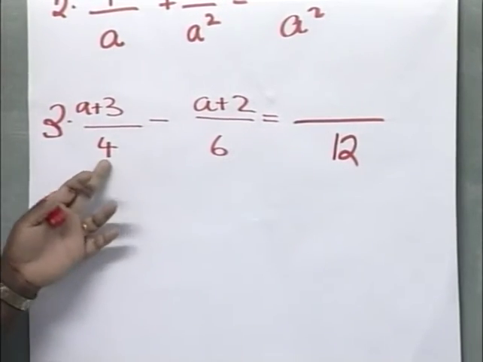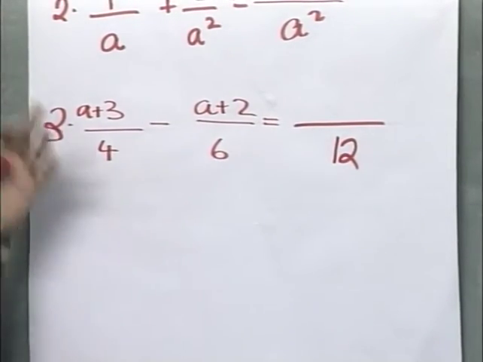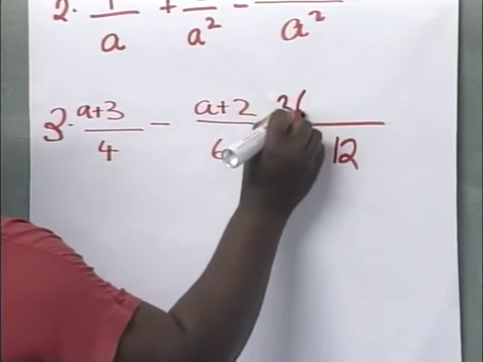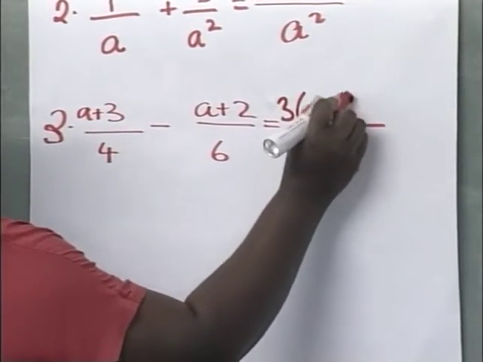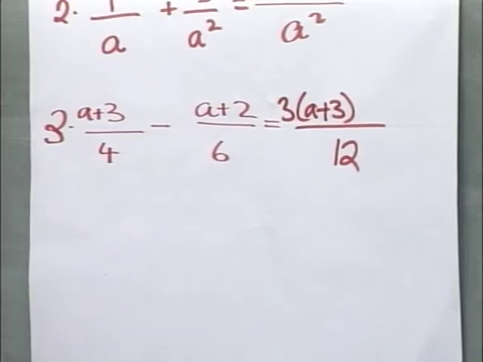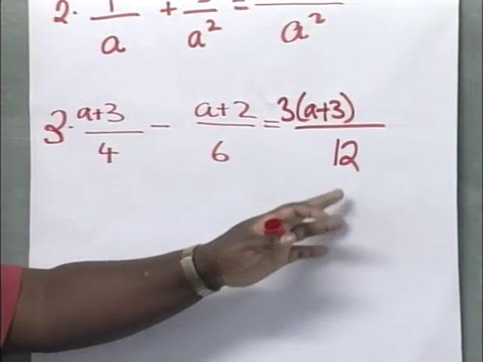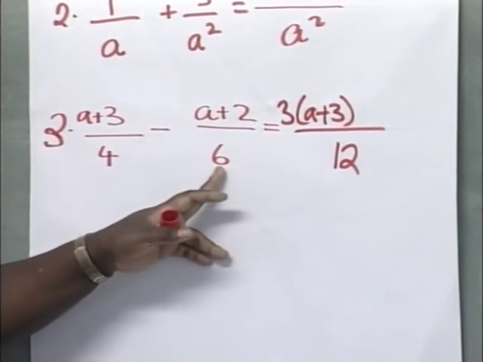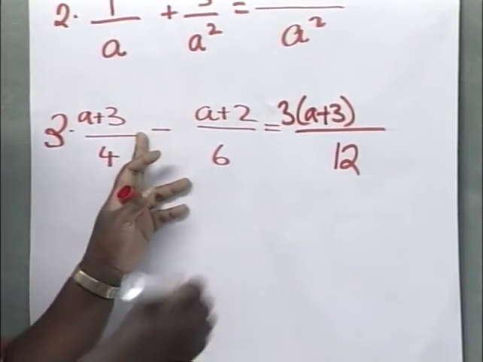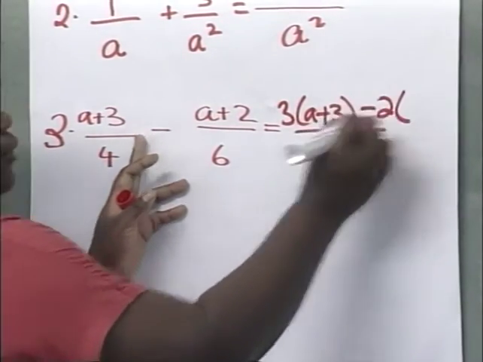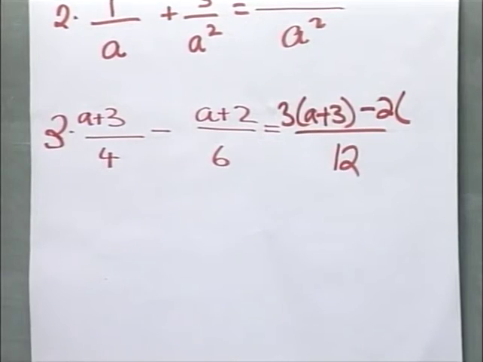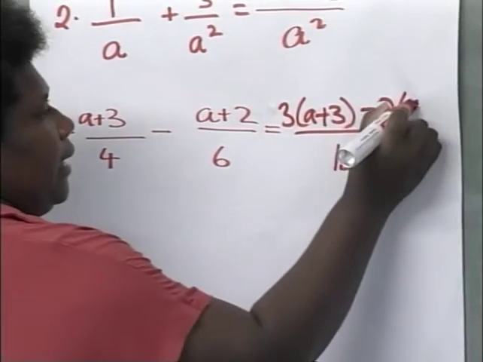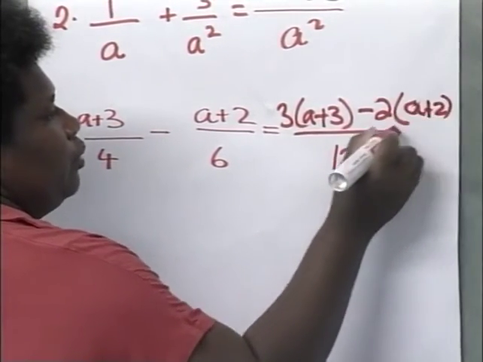12 divided by 4 is 3. 3 times a plus 3. 12 divided by 6 is 2. There's a minus sign outside, so you have to attach it to 2. You have to multiply it by 2, and then multiply that by a plus 2.